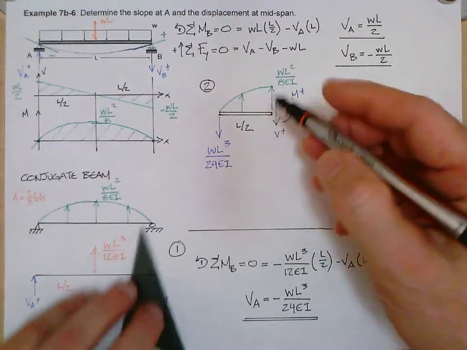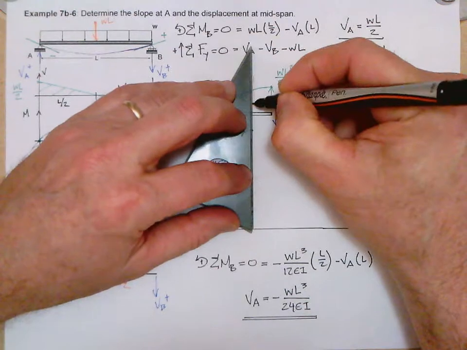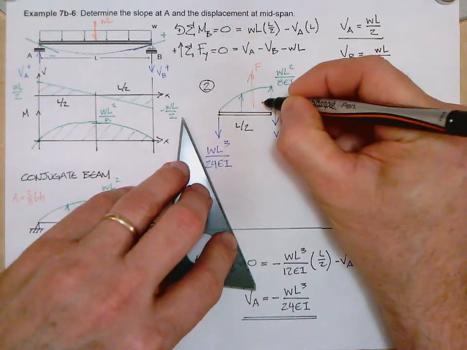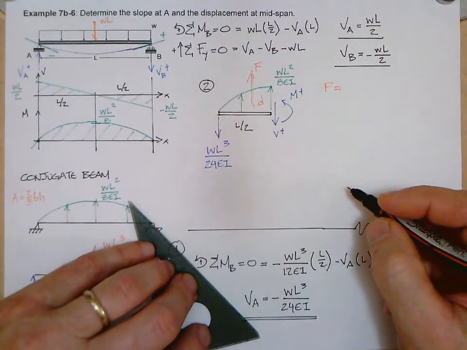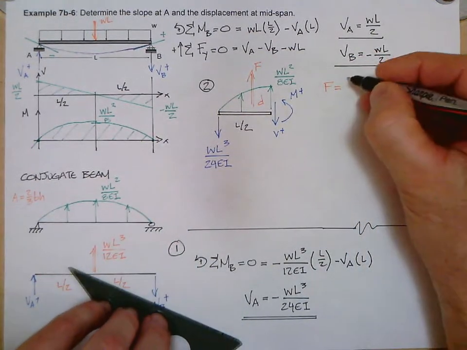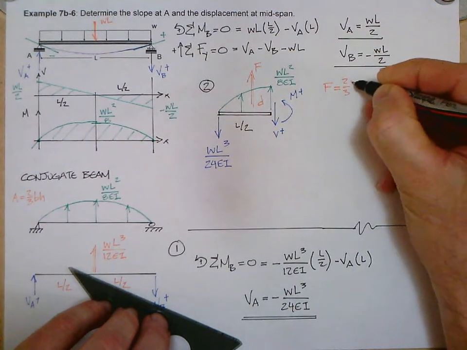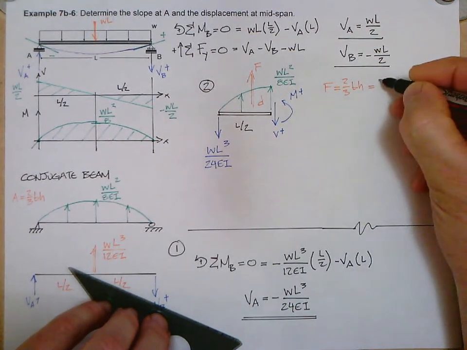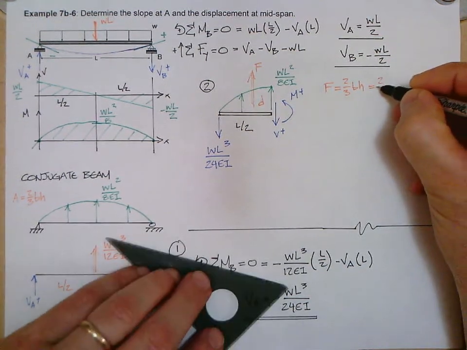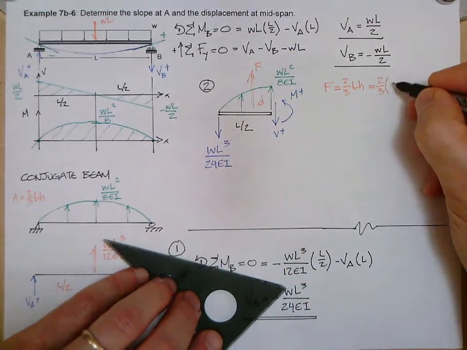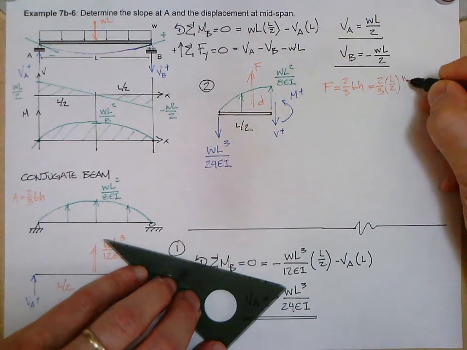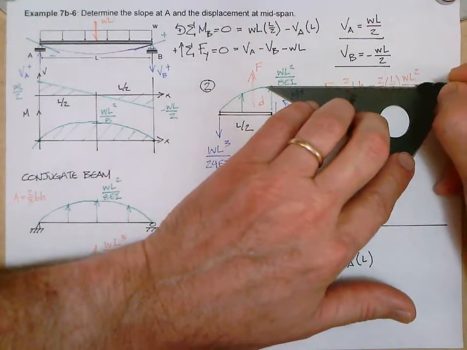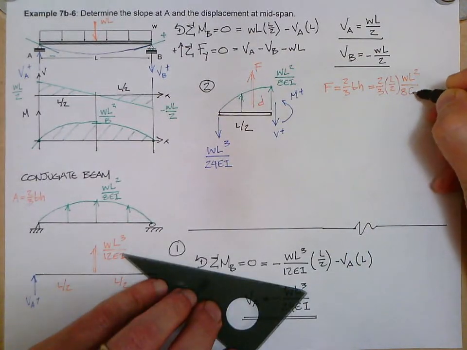Now I need to convert this into a concentrated force F at some distance. So remember from our previous peek into the book that the area under the curve was 2/3 base times height. So in this case, that's going to be 2/3 the base, which is L over 2, times the height, which is WL squared over 8EI.